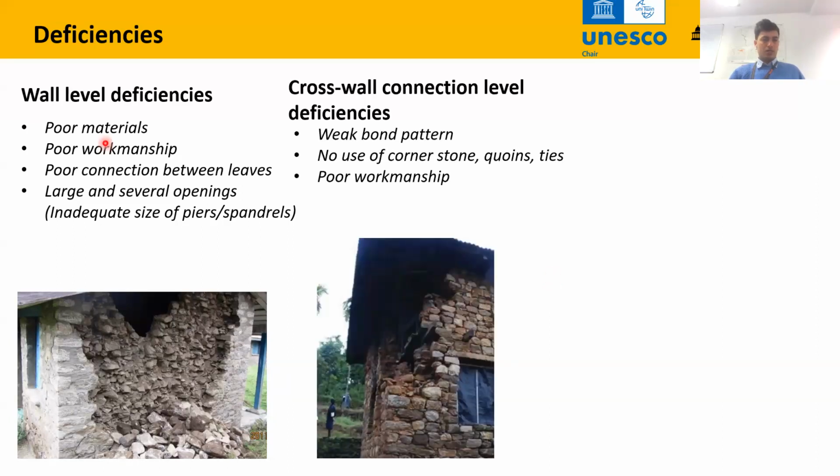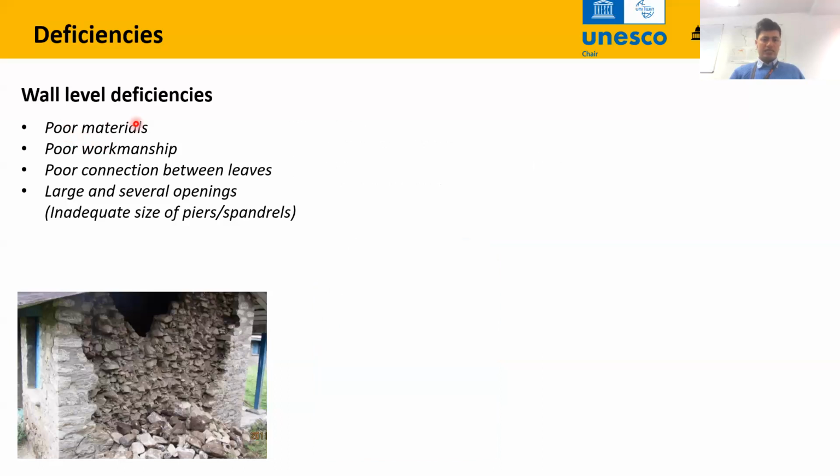Wall level deficiencies, which are due to poor materials, poor units, poor quality mortar, poor workmanship, how well the walls are built, poor connection between the leaves, so no through elements to bind all the leaves together, and large and several openings also reduce the wall level strength, resulting in inadequate size of piers and spandrels.